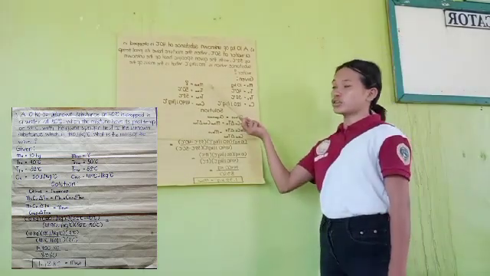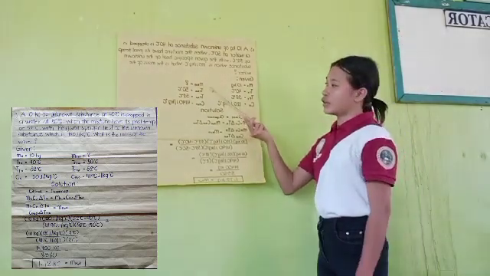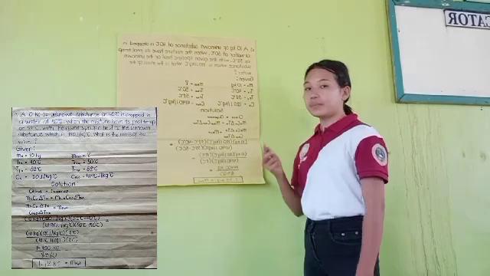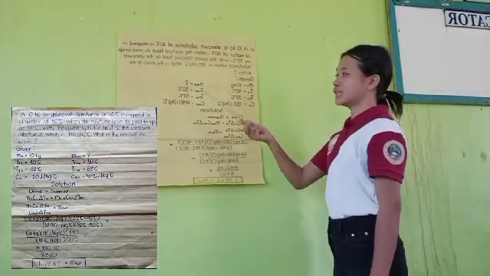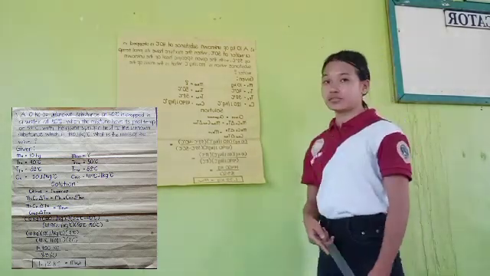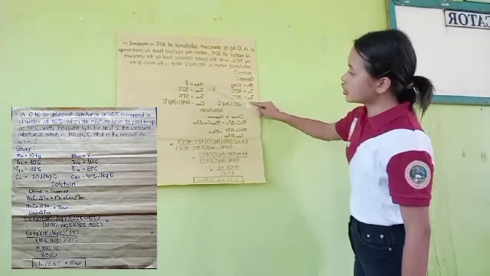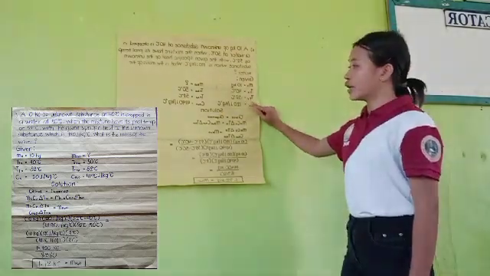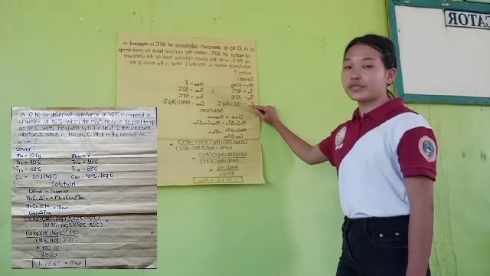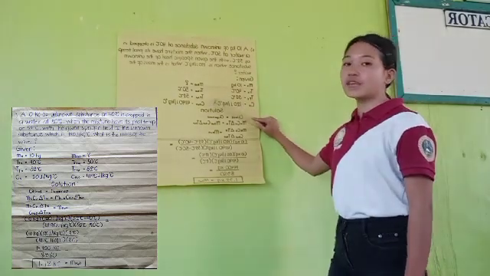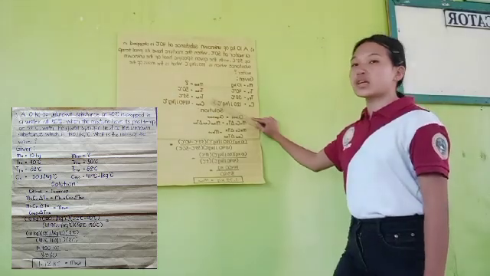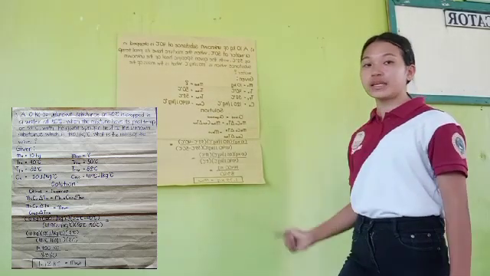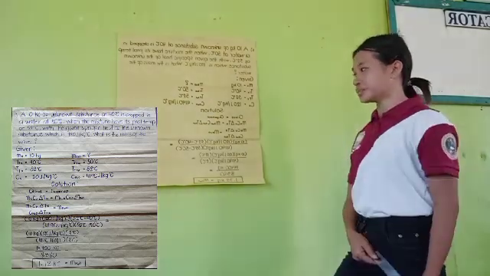The mass of the water is what the problem asks for, so let us leave it blank there. The initial temperature of the water, 50 degrees Celsius; final temperature, 52 degrees Celsius; and the specific heat of water, 4,190 joules per kilogram degrees Celsius.